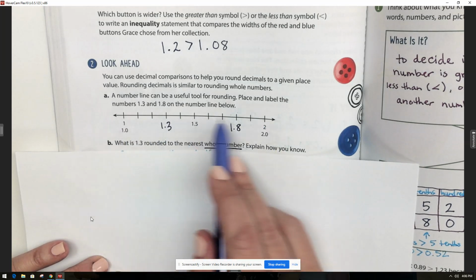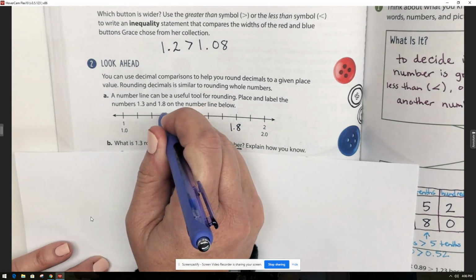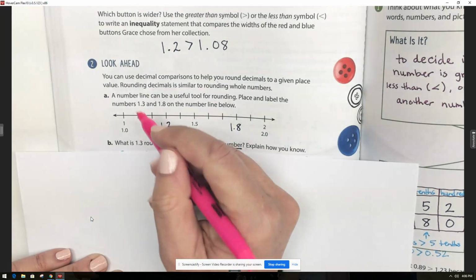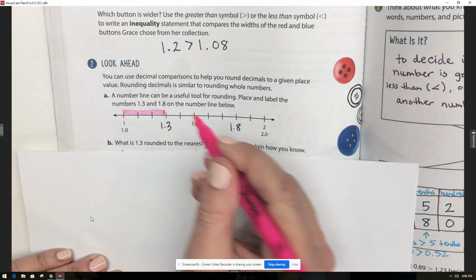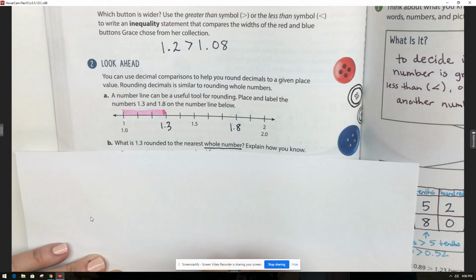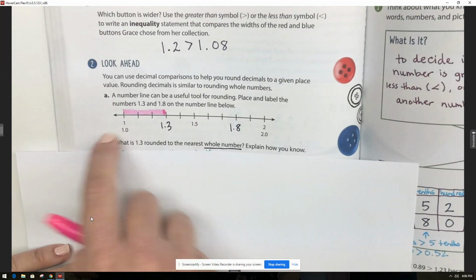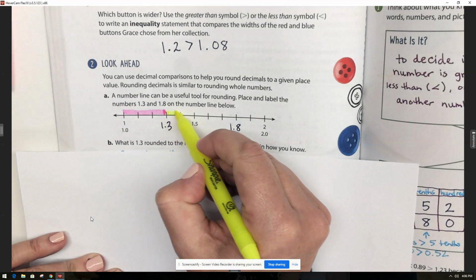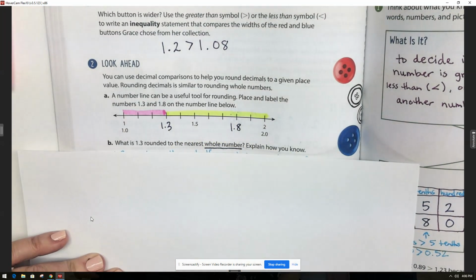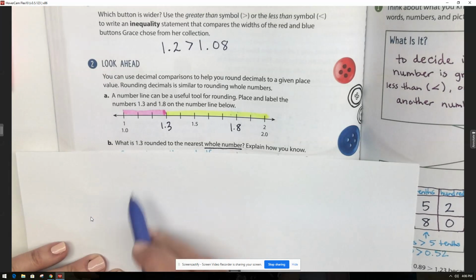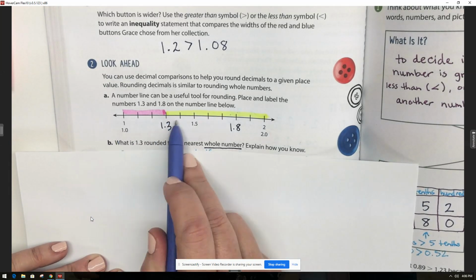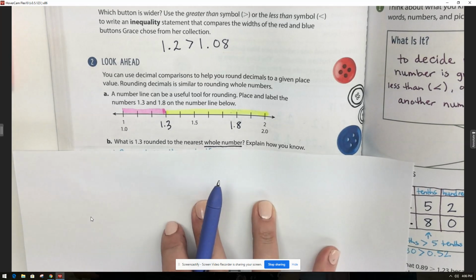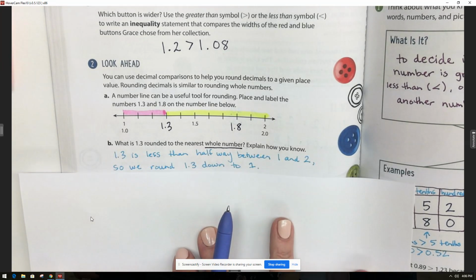So just by visually looking at this, I'm going to use some highlighters. It is this far from the whole and this far from 2. So is 1 and 3/10 closer to 1 or closer to 2?